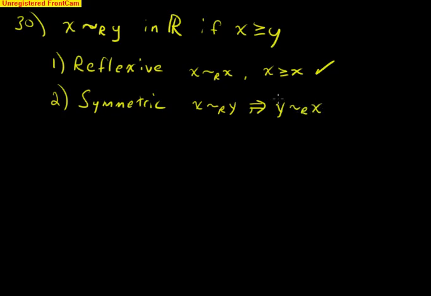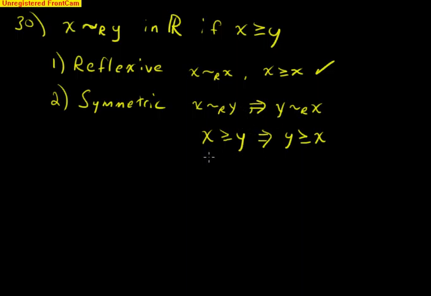So plugging those values in, if x is greater than or equal to y, does that imply that y is greater than or equal to x? Okay, this is not symmetric, is it?